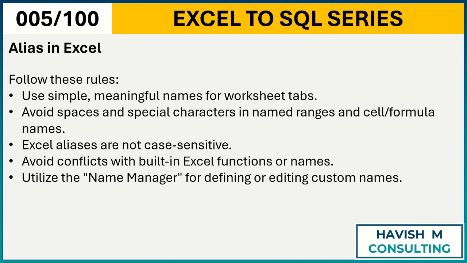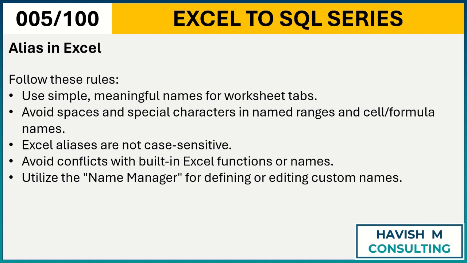You have to keep the names simple and meaningful. The whole point is so that when you share files with others, it is easy for them to understand and for them to use as well. I will also show you where in Excel you can go and see all the named ranges that have been given in the Excel file. Avoid spaces and special characters, essentially because the whole idea is to keep it simple.